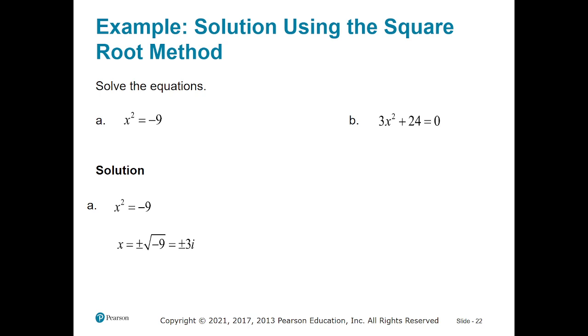Well, the square root of negative 8 is i times the square root of 8, and the square root of 8 is 2 times the square root of 2, because 8 is 4 times 2. Break it up, simplify it, and we get the square root of 8 is 2 square roots of 2. So, if x equals plus or minus the square root of negative 8, then we're going to say x equals plus or minus 2i times the square root of 2.